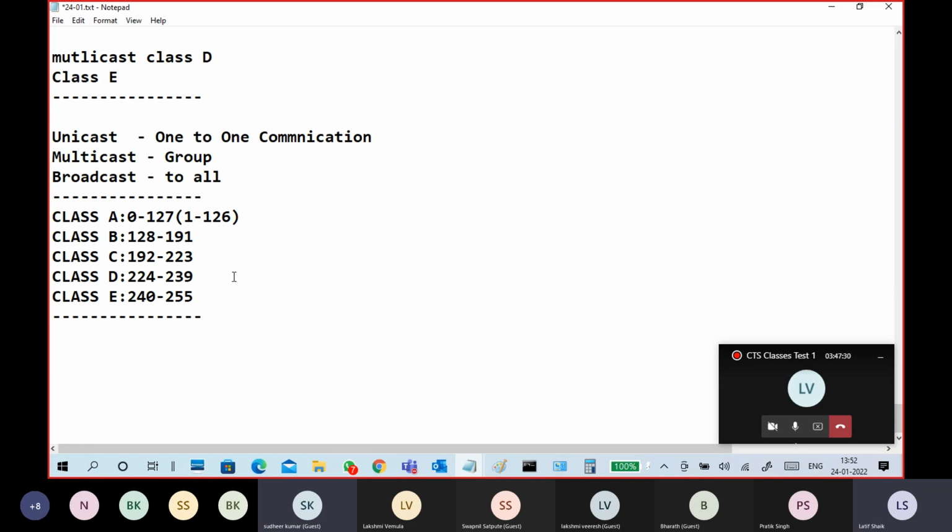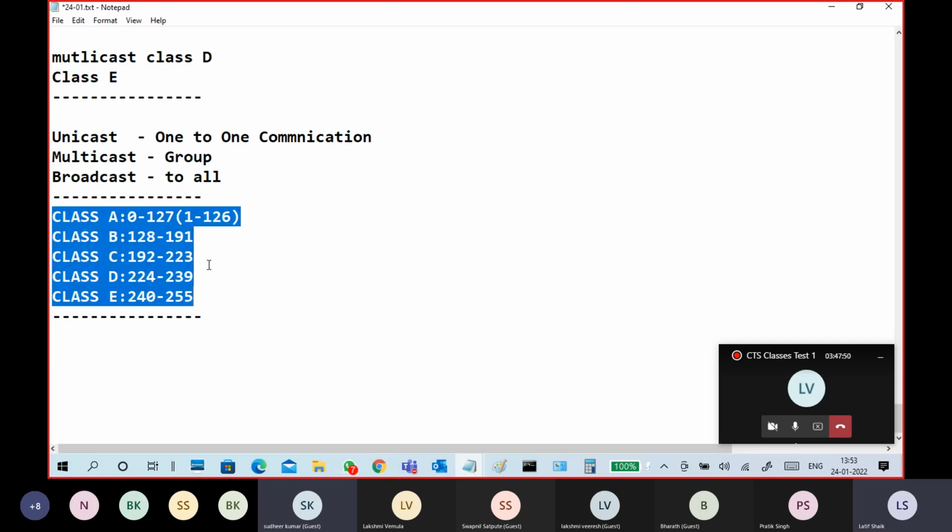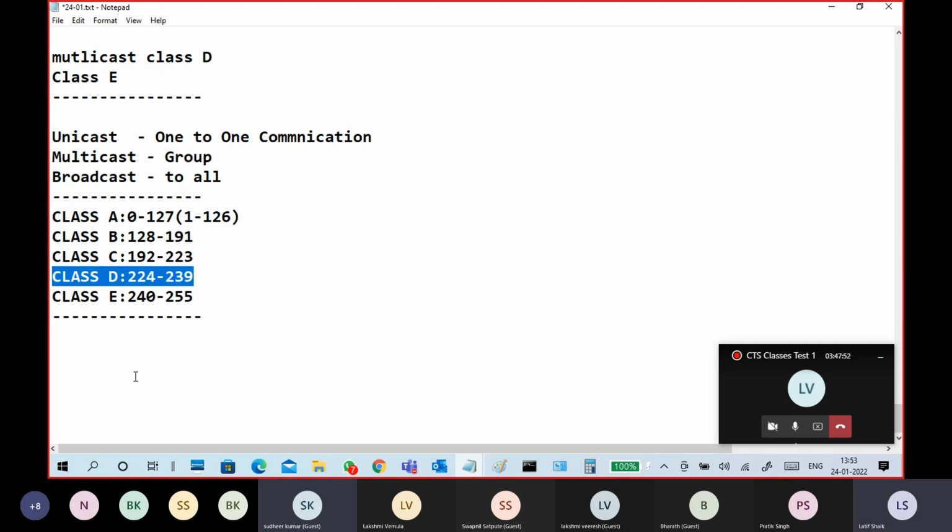If you can also tell any specific class, like class B range 128 to 191, class D range 224 to 239, that is good. Remembering the whole is normal, a specific one is difficult to tell, but still practice it.